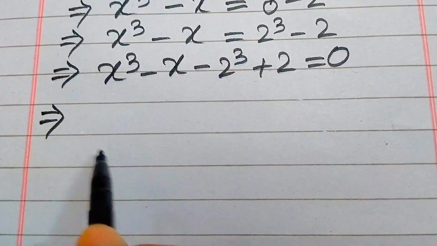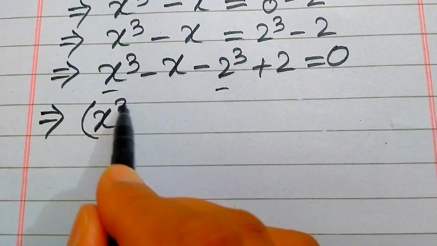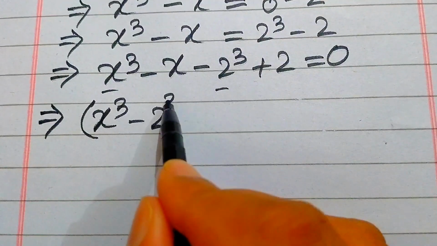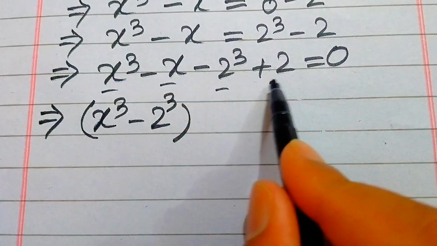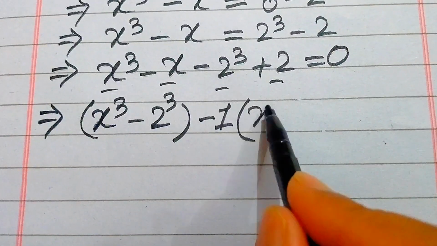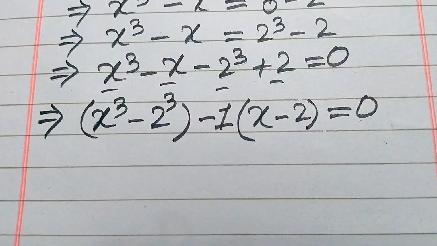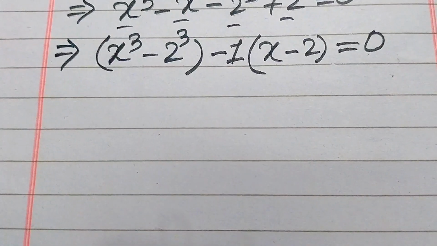Here we combine these two cubic terms, and it becomes x cubed minus 2 cubed, and from these two terms we take common minus 1, and the remaining values are x minus 2, and this whole equation equals 0. Here we use the nice cubic formula.